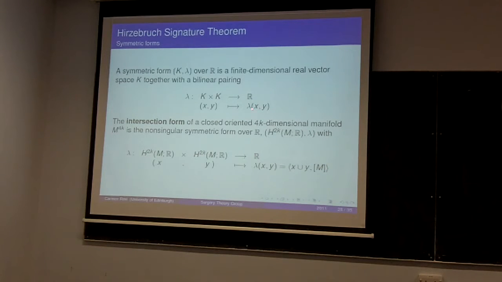So when we apply lambda to the pair x, y, it's going to give us the cup product of cohomology classes in this group. This cup product is going to be evaluated against the fundamental class. So that's what our bilinear pairing is going to give us.